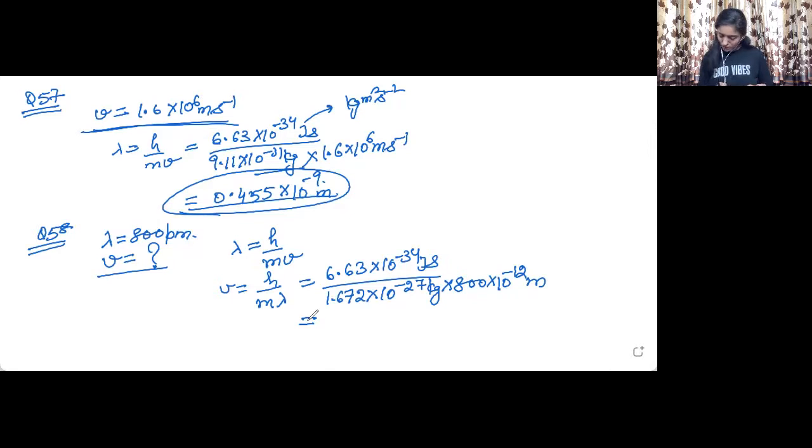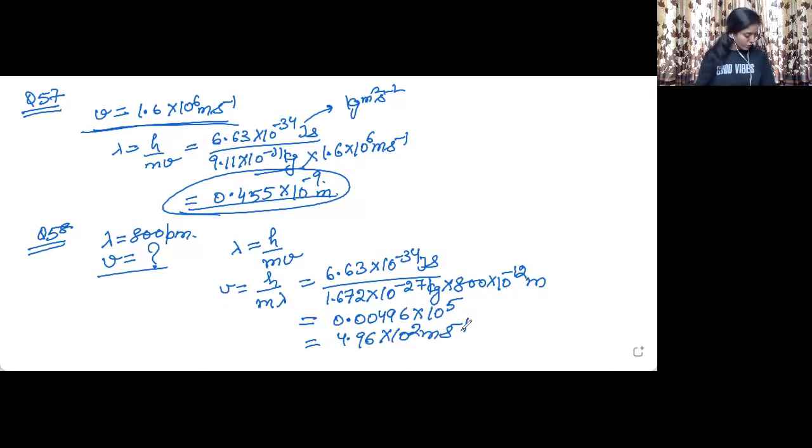So 6.63 divided by 1.672 divided by 800 is coming out to be 0.00496 into 10 raised to the power minus 34 plus 27 plus 12, which is 5. So the velocity is 4.96 into 10 raised to the power 2 meter per second. This will be the velocity associated with the neutron.